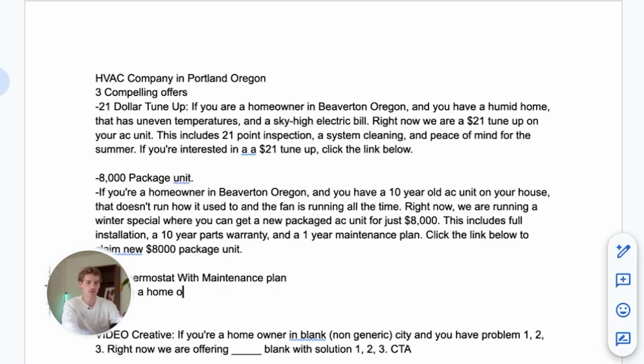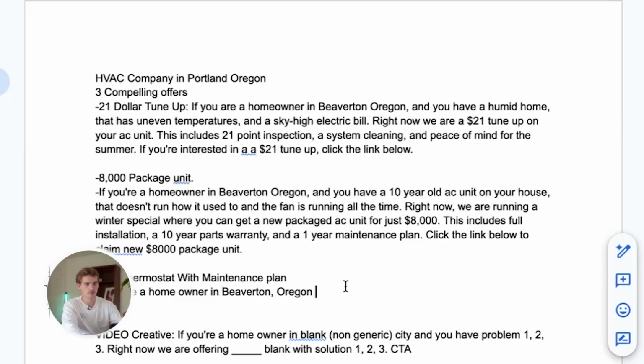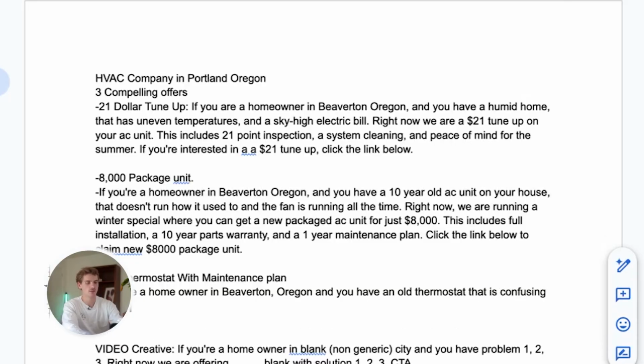If you're a homeowner in Beaverton, Oregon, capitalize that B, and you have an old thermostat that is confusing to work, doesn't connect to Wi-Fi, and let's just say turns off randomly.